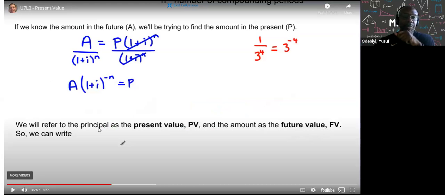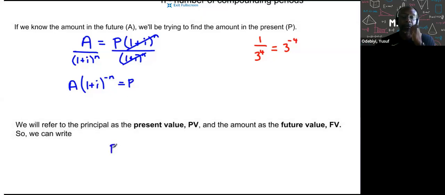Okay, so here, we refer to the principal as present value and the amount as future value. So when we write this formula, for the principal you're going to have PV, and for the amount you're going to have FV. So you could use P or PV, and you could use A or FV, and they would mean the same thing. But essentially, present value is equal to the future value times 1 plus I to the exponent negative n.